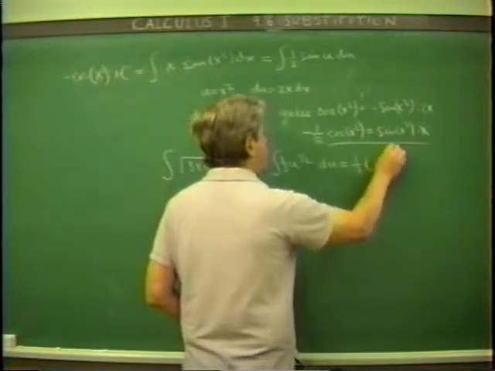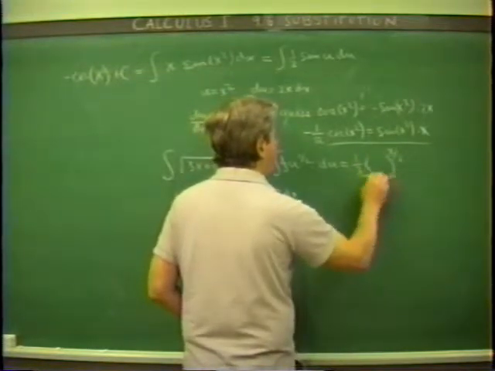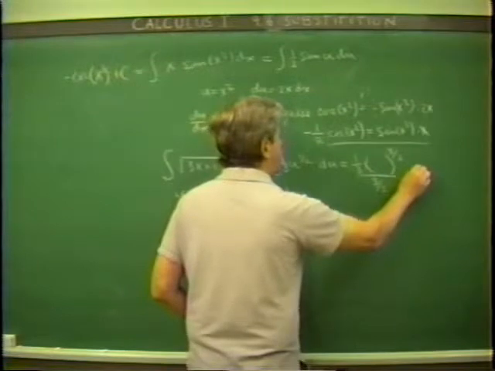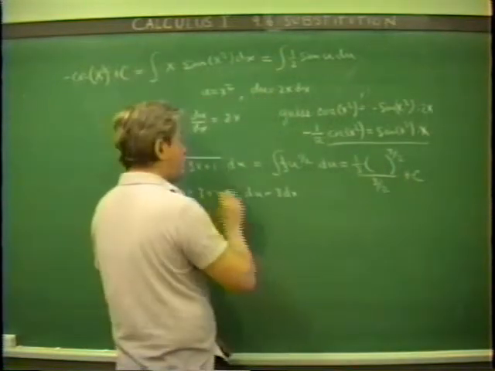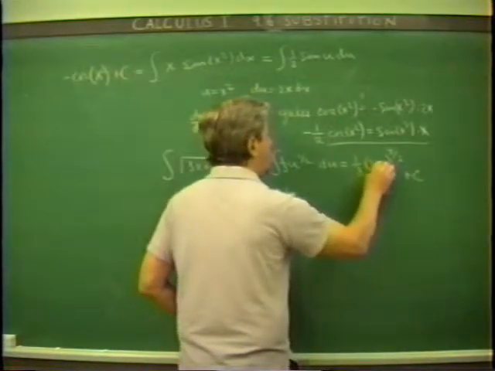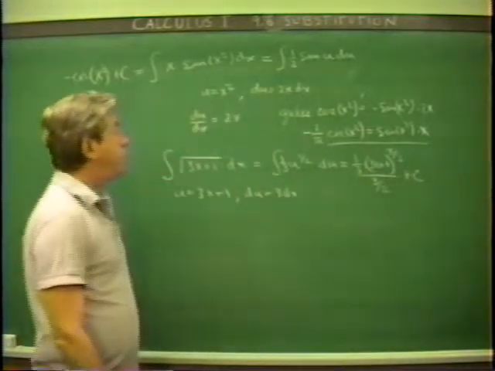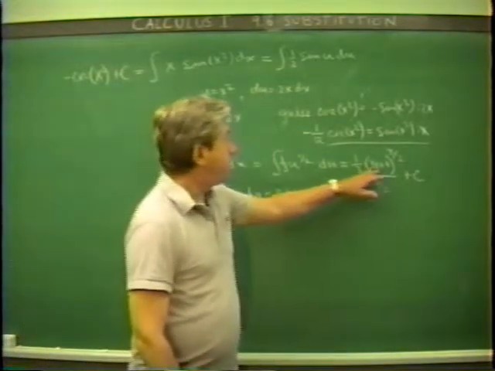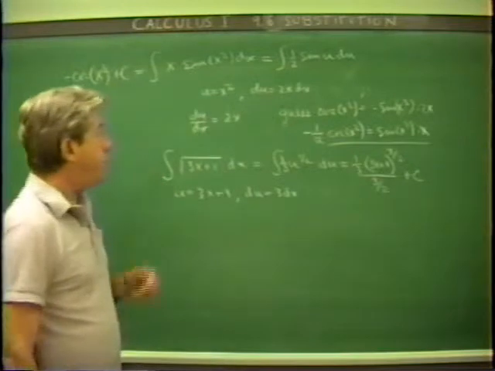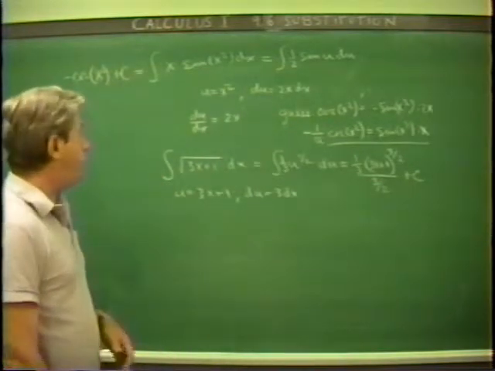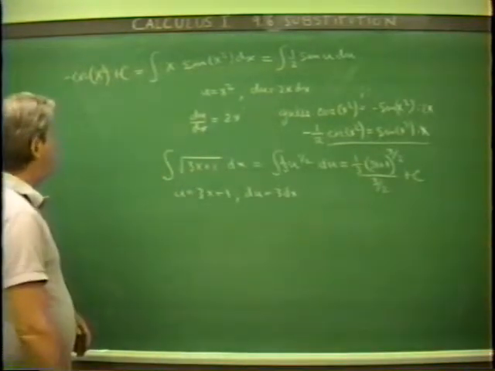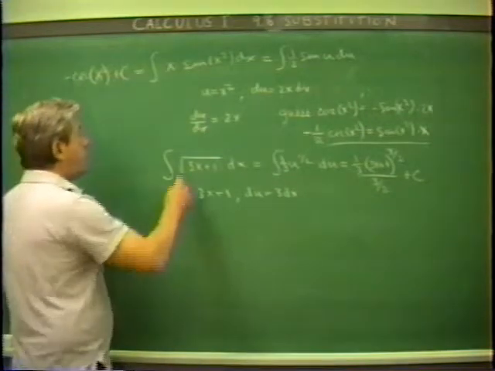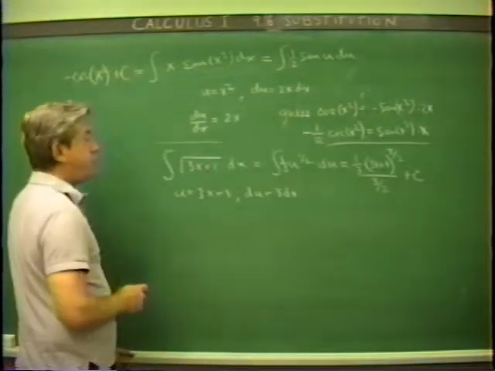To anti-differentiate u to the 1/2, we raise it to one higher power, 3/2, divided by 3/2, plus any constant. And now u was 3x plus 1. So 1/3, 3x plus 1 to the 3/2 over 3/2, plus a constant. Of course, you can simplify that.